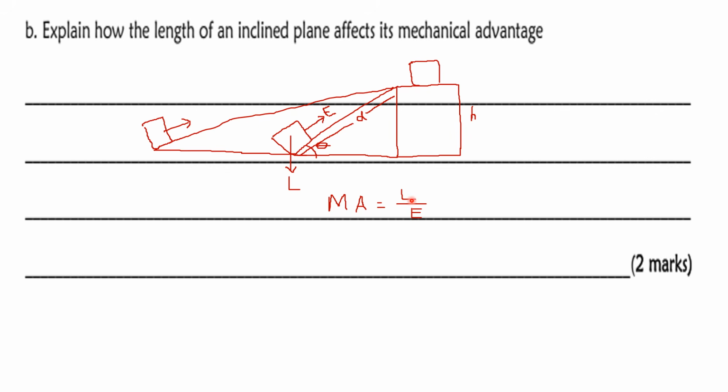If you keep the load, which is the weight, constant, you end up having greater mechanical advantage, meaning that it's easier for you to move the load along a long distance. Although the work done is going to be greater since there is more distance here, force times distance becomes bigger, it's going to be easier to move this load through the distance to that point when the length is increased.